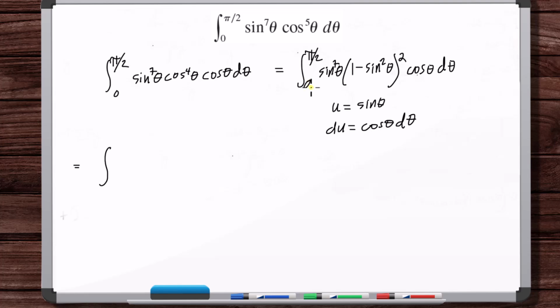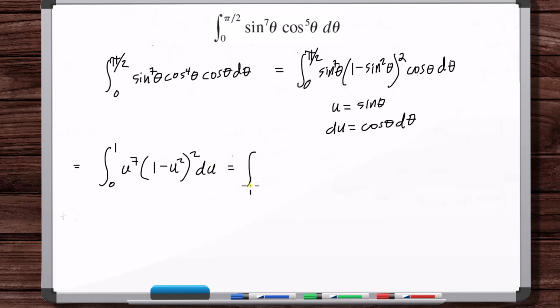So, okay, when theta is equal to 0, u is equal to 0. When theta is equal to pi over 2, sine theta is equal to 1. All right, so we've got the integral of u to the 7th times 1 minus u squared du.